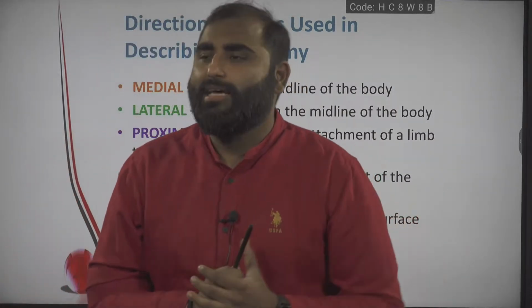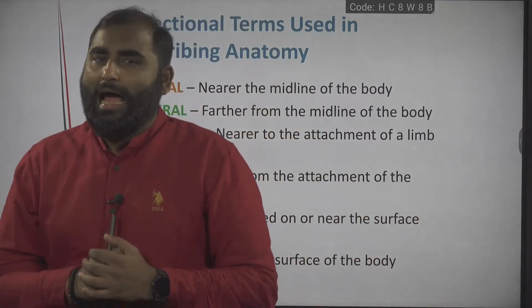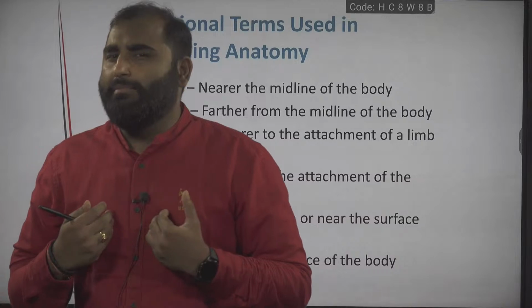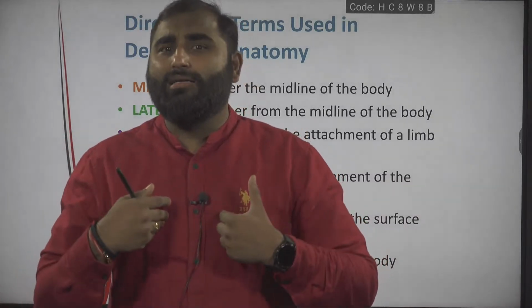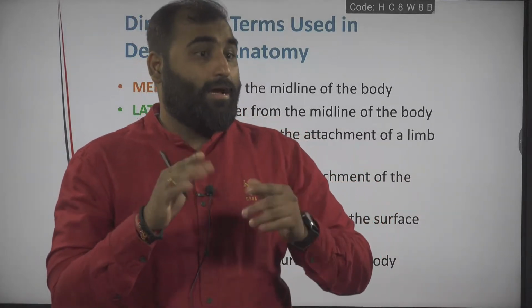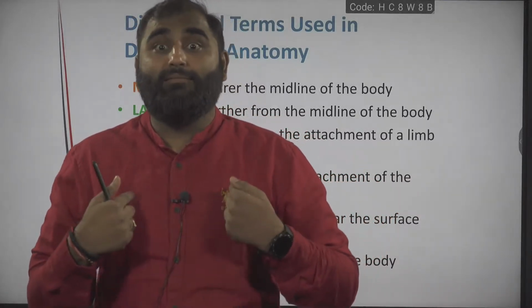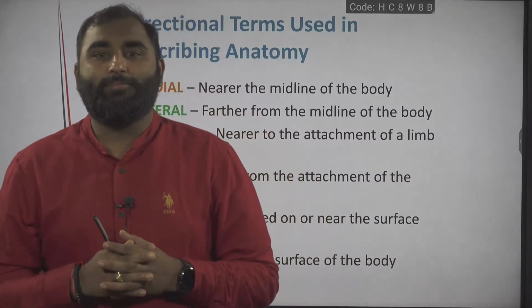Yes, some students are asking me, sir, can I say the heart is also medial, anteriorly and medially located between the lungs but tilted towards the left side? The heart is located medially between the lungs but tilted towards the left side.